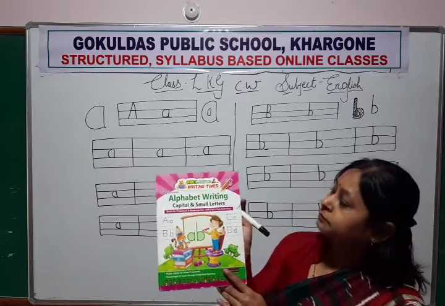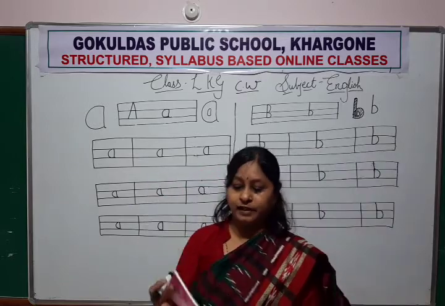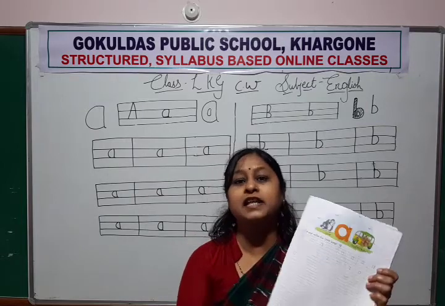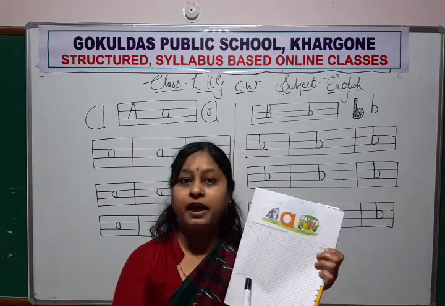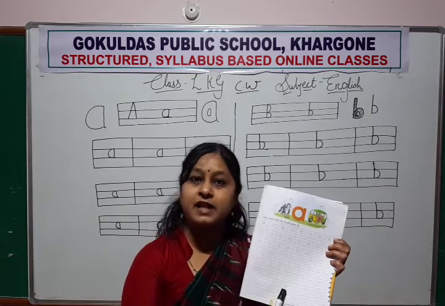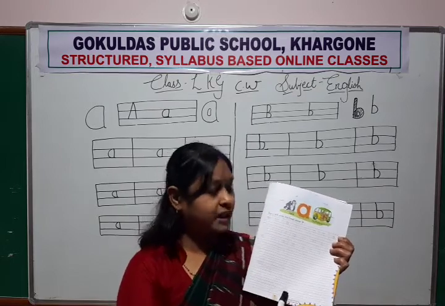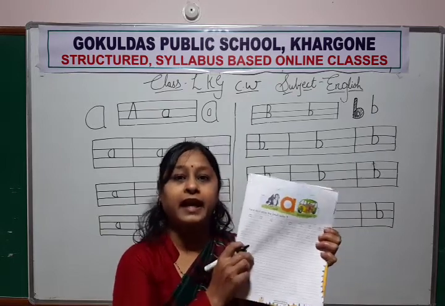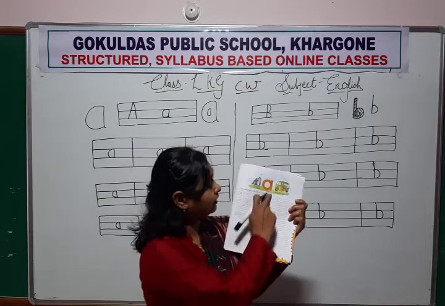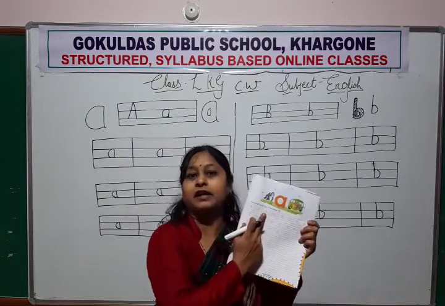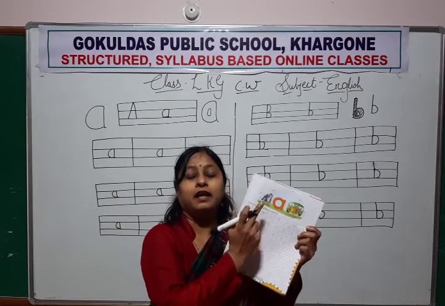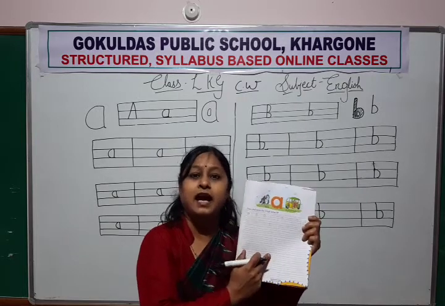Look here. Yes, alphabet writing capital and small. On page number 7. Where? Page number 7. You have to complete small letter A. Lowercase letter A. And sound of letter A is A.